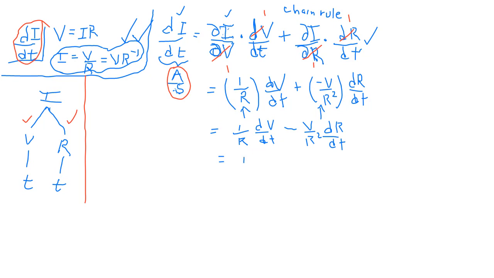Now we just plug in our numbers. So resistance was 400 ohms. Okay. Let me see here. What was dV dt? What was dV dt equal to in the problem?